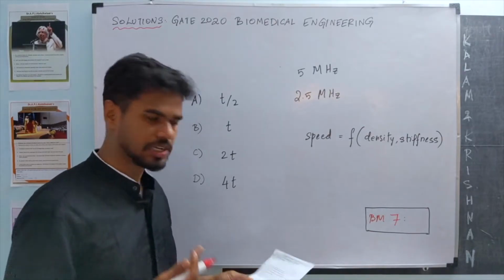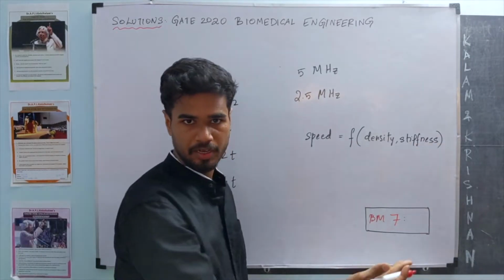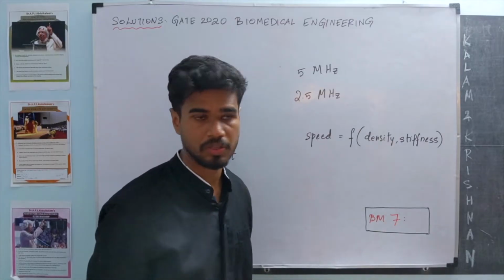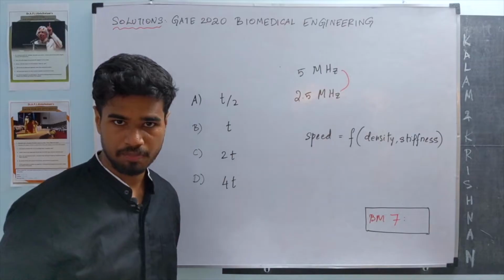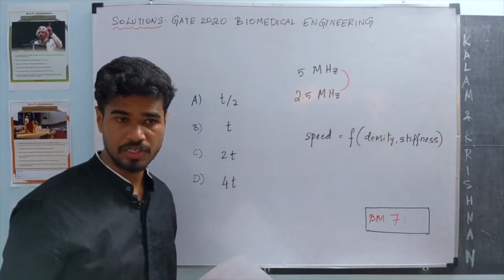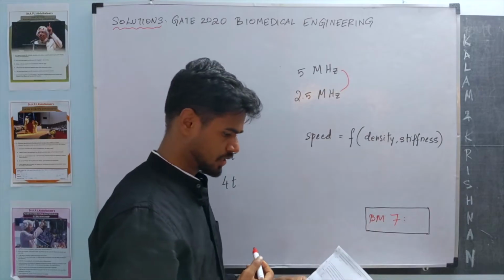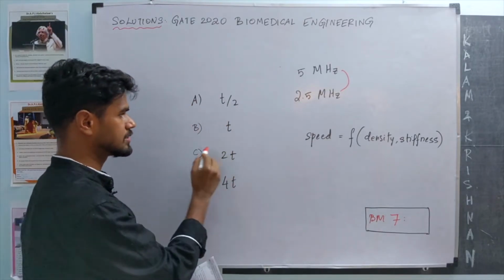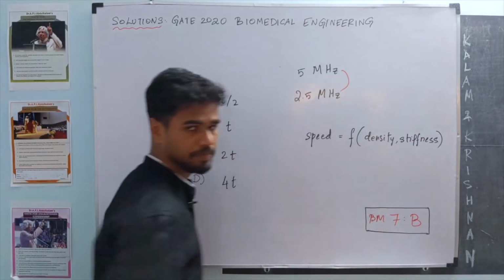The ultrasound pulse speed depends on the density and stiffness of the propagating material, but it does not depend on the frequency of the ultrasound wave itself. Because the speed does not change, the time it takes to go and get back does not change, okay? So the time t remains the same, hence the correct answer here is B.